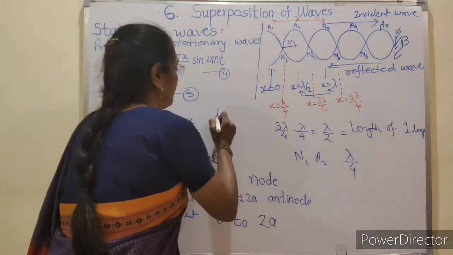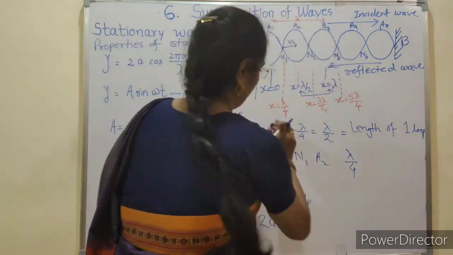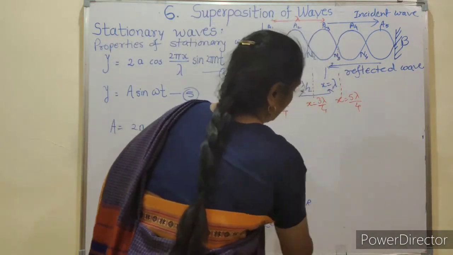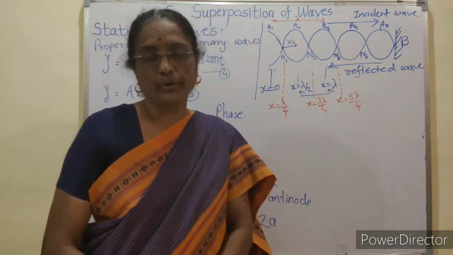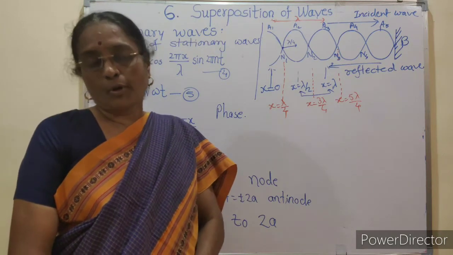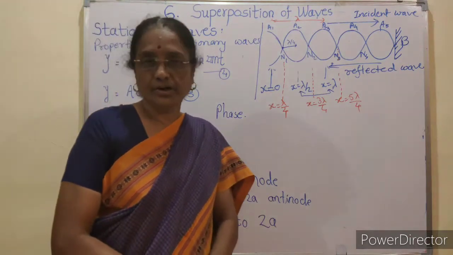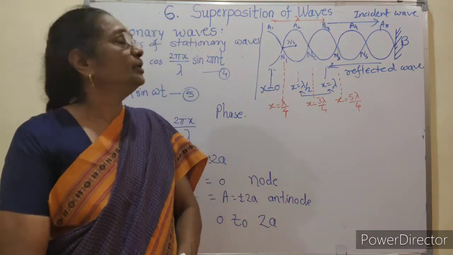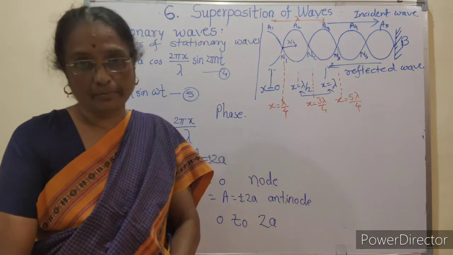Now, in this type of stationary wave, the next important property is related to phase. You know that in case of a progressive wave, phase changes from particle to particle. But in case of a transverse stationary wave, the phase in one loop is the same.